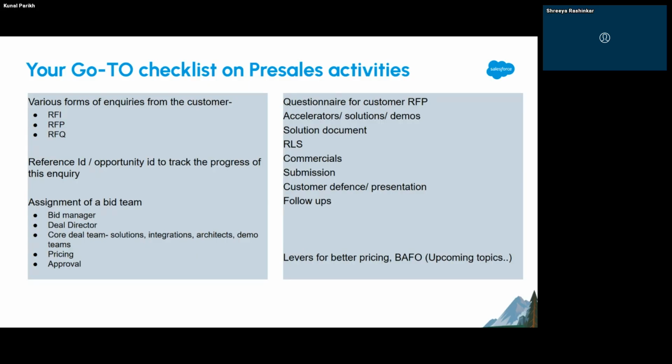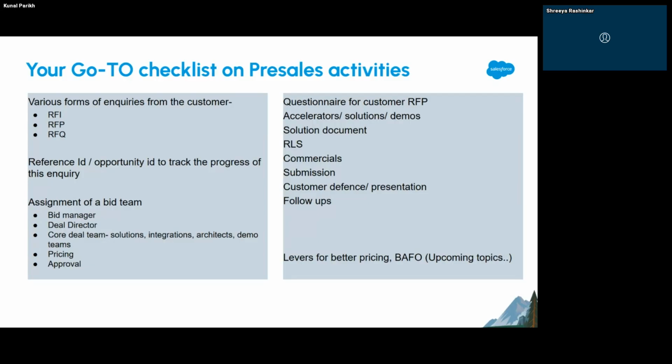Give us your approach. I'm just talking in very simple language right now, but generally RFPs are as big as almost 50 to 60 pages. These are the requests for proposals, and that is where you as a company or as a pre-sales team need to really start working through the nitty-gritties of that RFP.